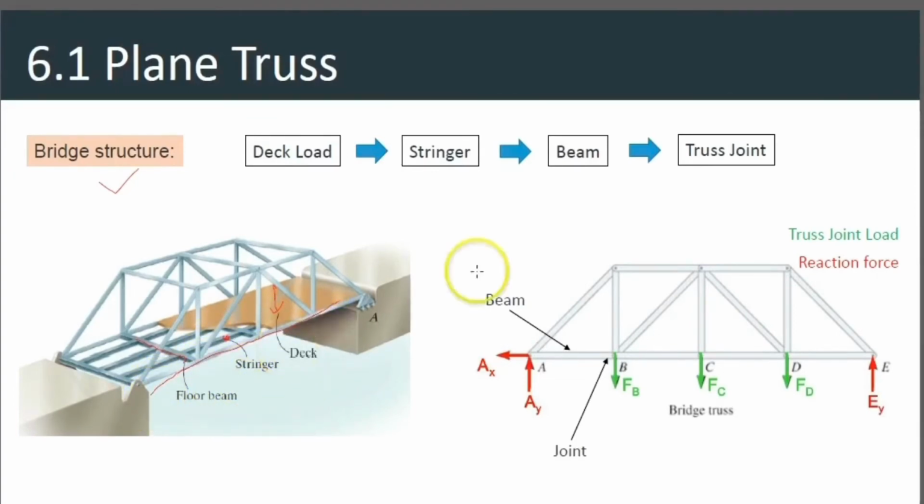So you may look here at the bridge truss joint loads and the reaction forces. There are two reactions here, and then there is one reaction at E. So how do we determine whether it has X and Y components? That we will see later on.